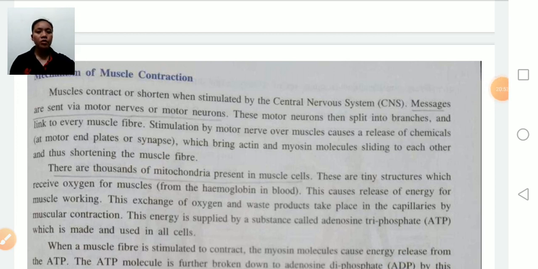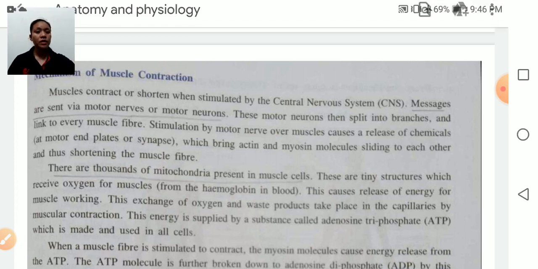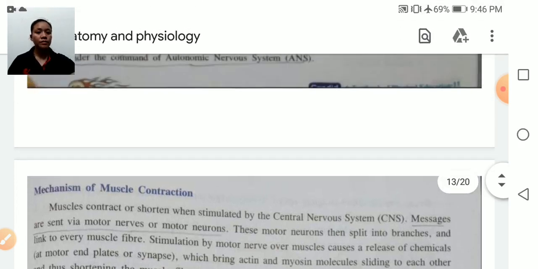Mechanisms of muscular contraction. Muscles contract or shorten when stimulated by the central nervous system. Messages are sent via motor nerves or motor neurons.